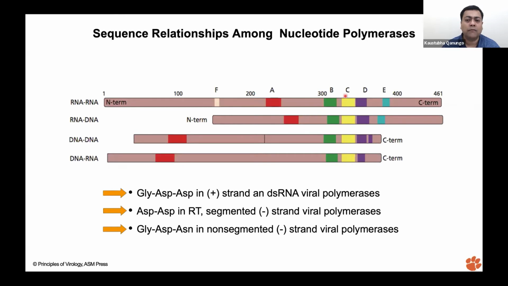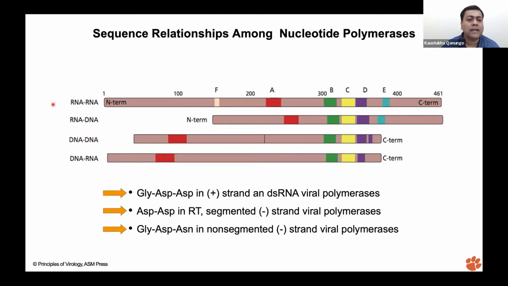This is where you find the GDD motif. There is an aspartic acid in the reverse transcriptase and segmented minus strand viral polymerases, whereas it is slightly differentiated into glycine aspartic acid asparagine in non-segmented minus strand RNA polymerases. So you can easily see that there is a very good sequence conservation of the catalytic site, and we are going to see what it means.